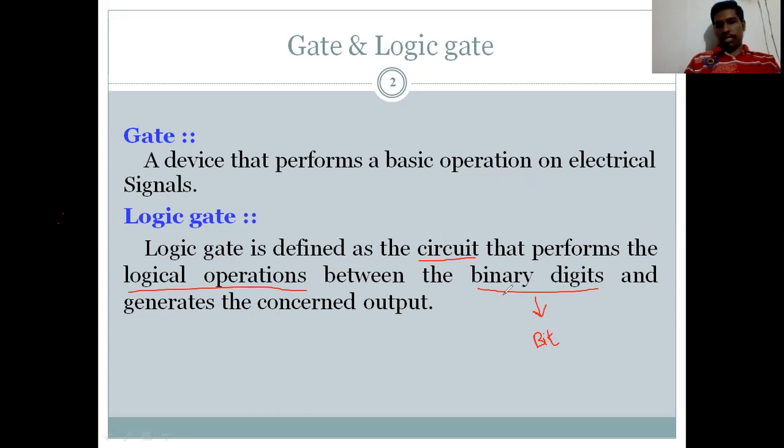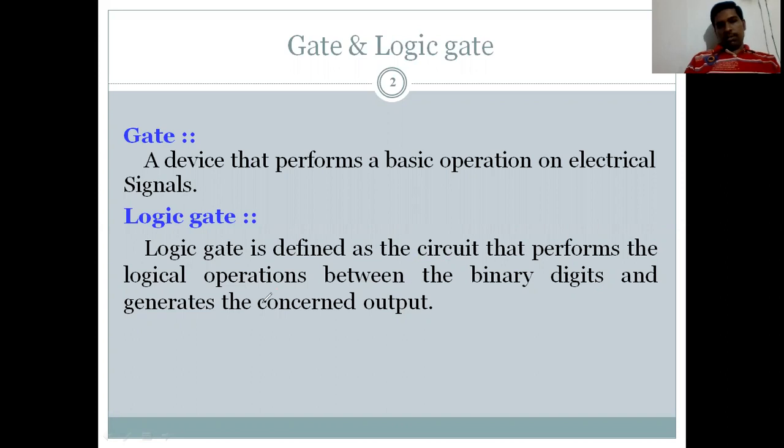So how can you define this? The logic gate is defined as the circuit that performs the different logical operations between the binary digits and generates the constant output. The output may differ for each and every operation. As we have several types of logical operations, we have each and every gate separately for each operation.